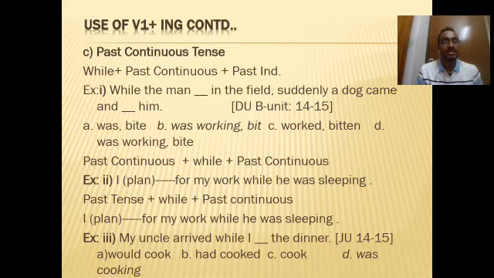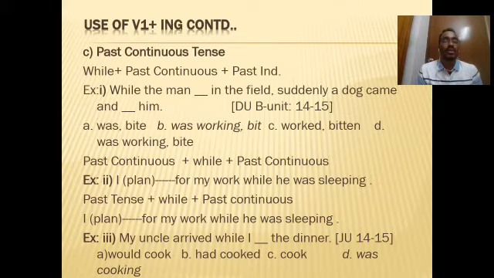The answer is: while the man was working in the field, suddenly a dog came and beat him, with the second clause in past indefinite tense. In some cases we can use past continuous tense in both clauses.